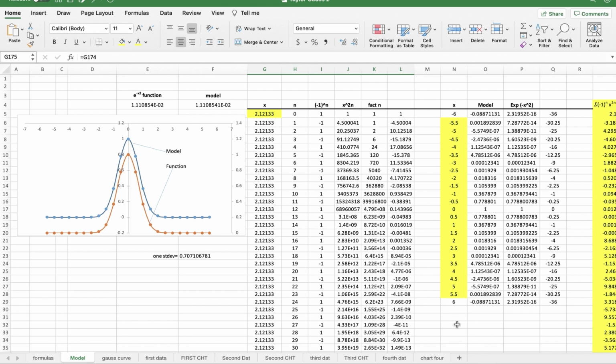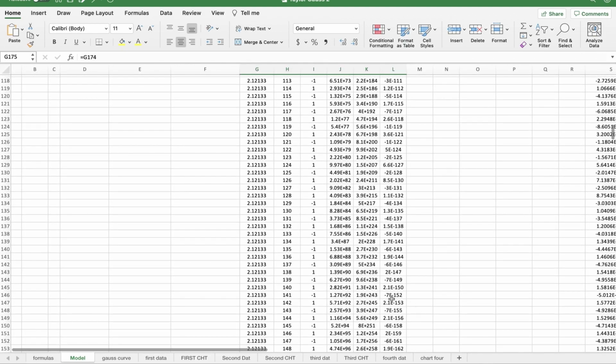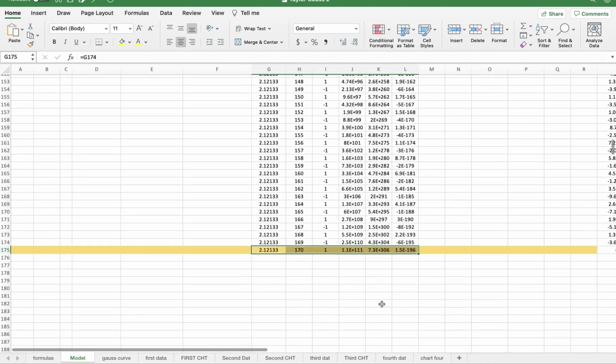The problem is because of the very, very small numbers, the 1 over n factorial.